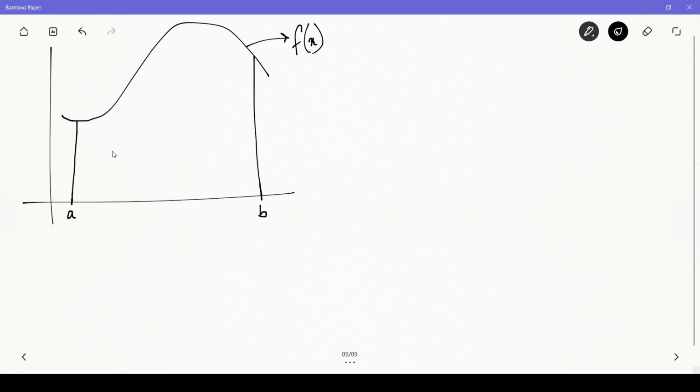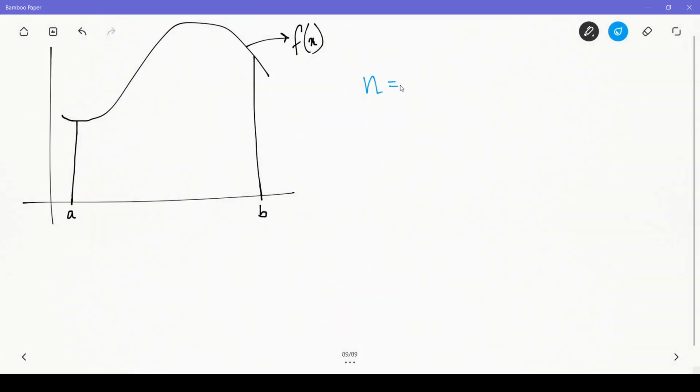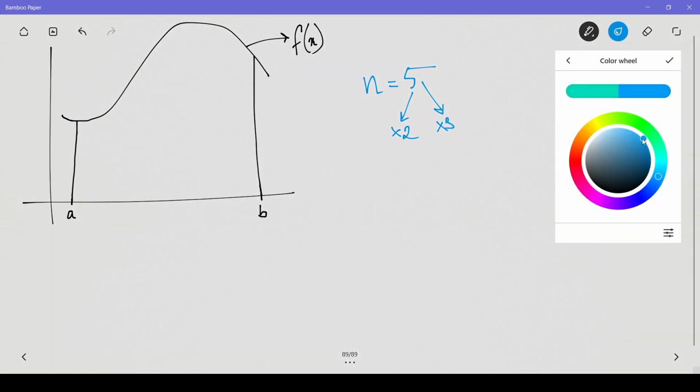Fine. So what can we do here? Let's say we have chosen the value of n, or the number of segments n, to be 5. So 5 is neither a multiple of 2 nor a multiple of 3, right? So we are in a predicament here, right?